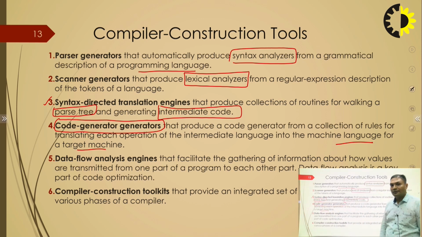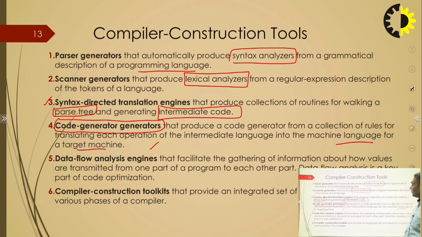Data flow analysis engine. This is exactly not a phase of the compiler, but it facilitates the gathering of information about how values are transmitted from one part of the program to another part of the program. So the flow of data, how it goes from one phase to another phase, or how data goes from one variable to another variable, this type of analysis can be done with the help of the data flow analysis engine.